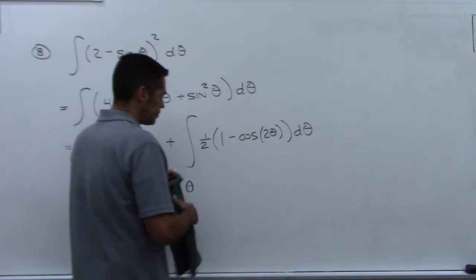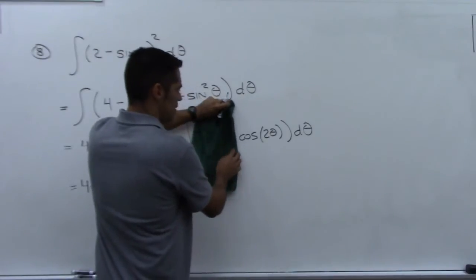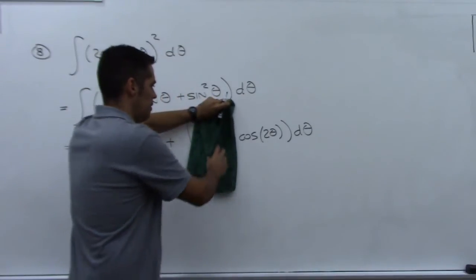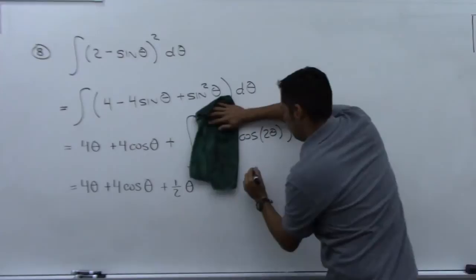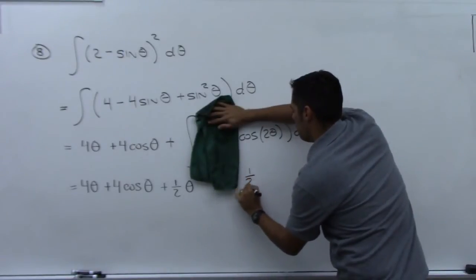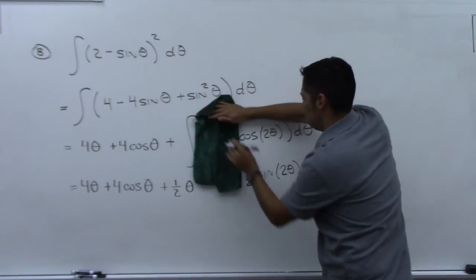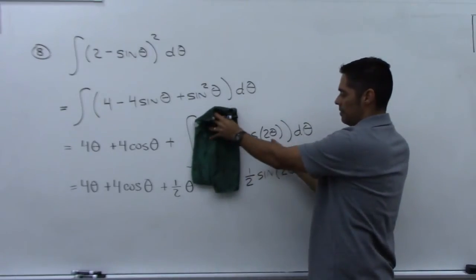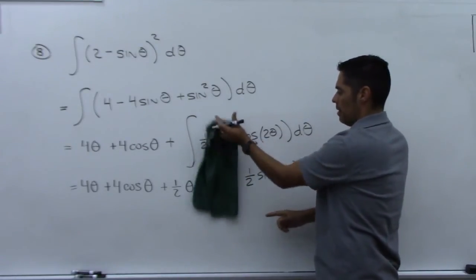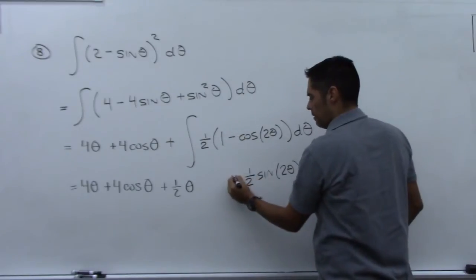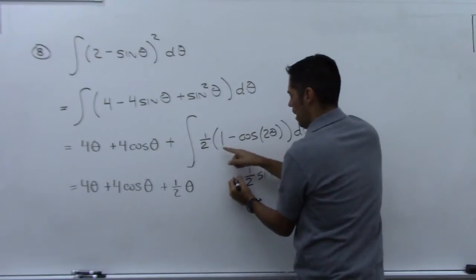And then, let's try this. What's the antiderivative of cosine 2 theta? Well, that's going to be 1/2 sine 2 theta, because the antiderivative of cosine is sine, then I have to scale by the 1 over a. But in front of that, I had a negative sign, and I have a 1/2.